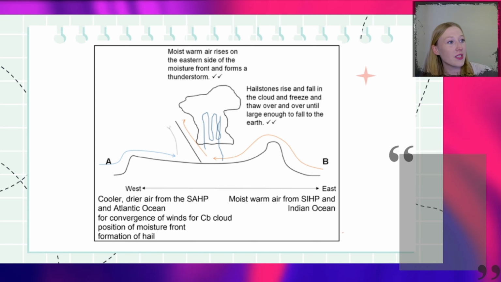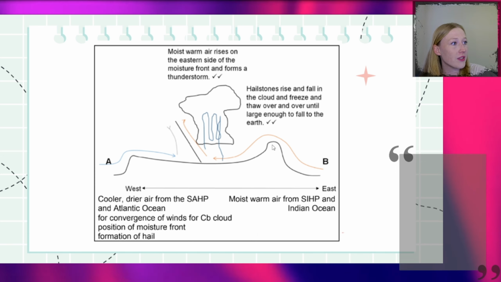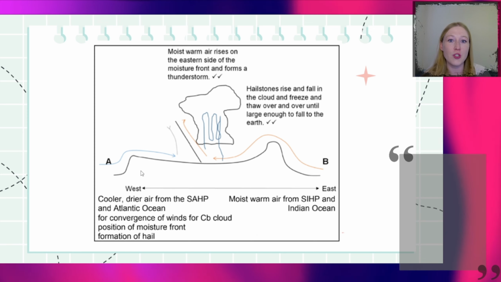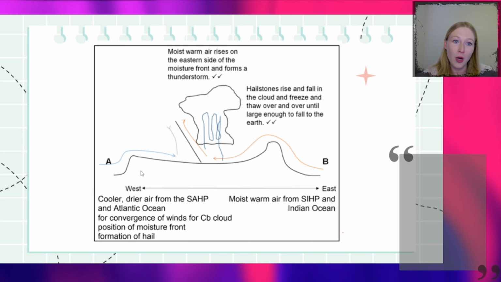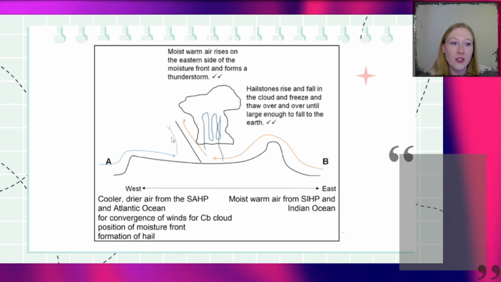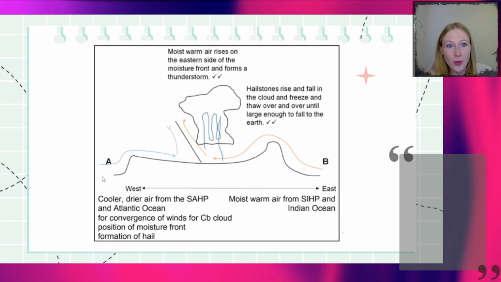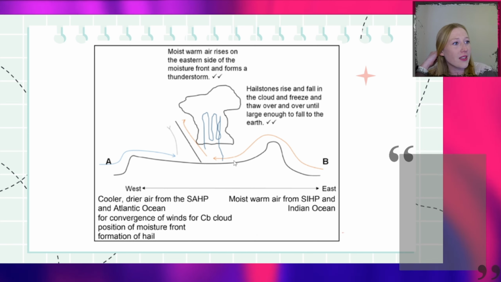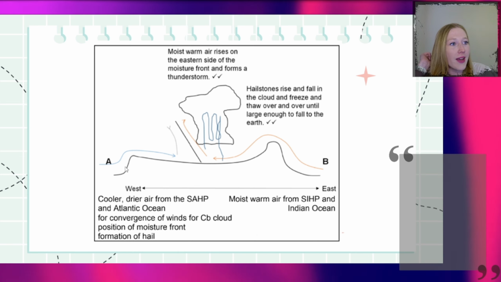Now, in this particular case, they gave this part of the cross section. So they gave what was supposed to be the cross section of the topography of South Africa. That is supposed to be the eastern coast. This is supposed to be the western coast, and South Africa, we hopefully know, is kind of like on a plateau. We have the escarpment over here and here.